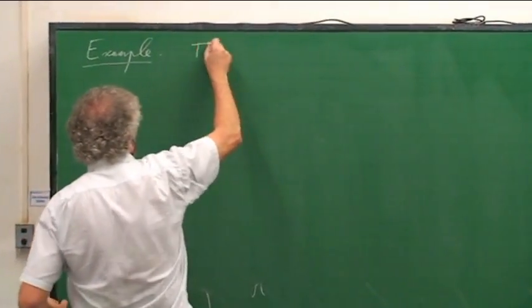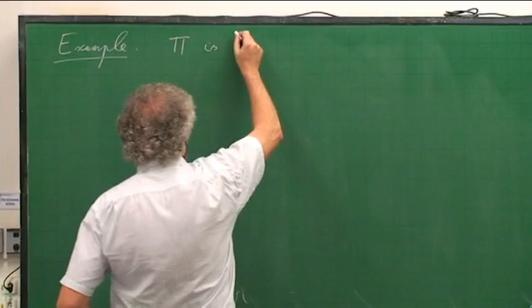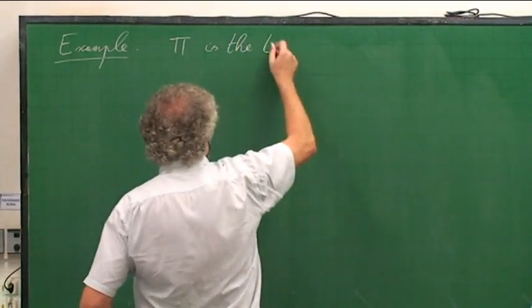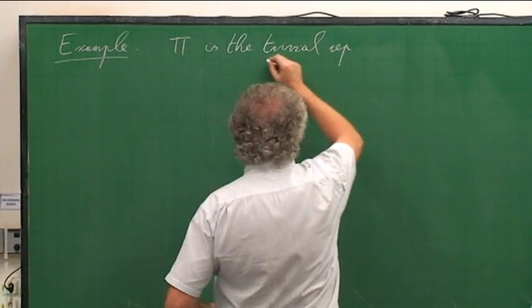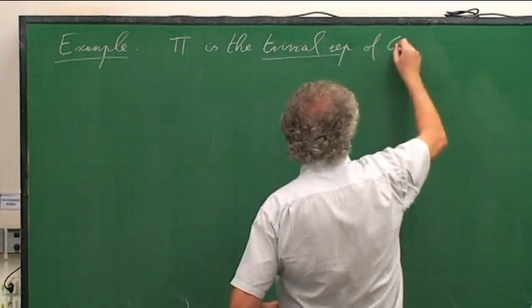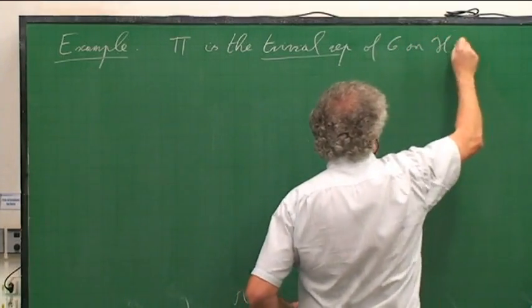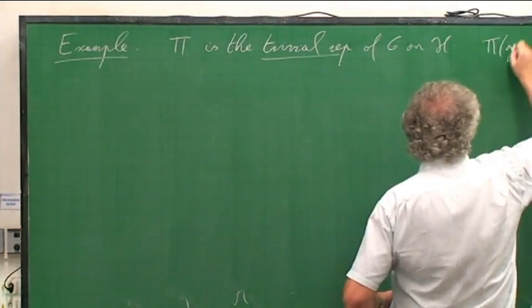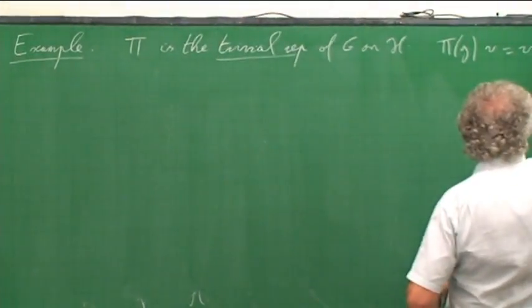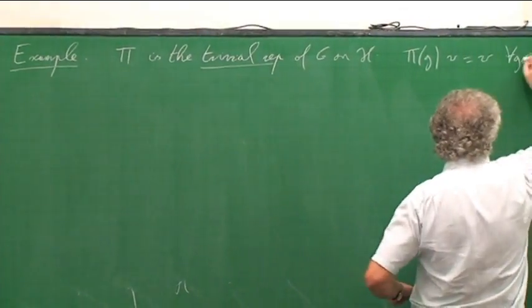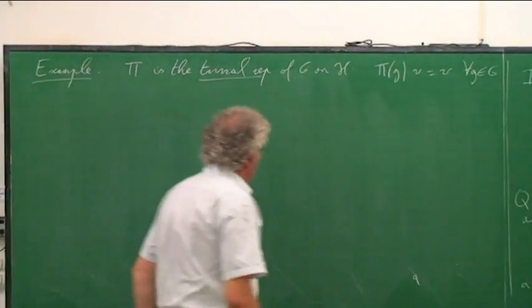Suppose that pi is the trivial representation of G on H. So this means pi(g)v is v. So pi(g) is the identity for every group element.